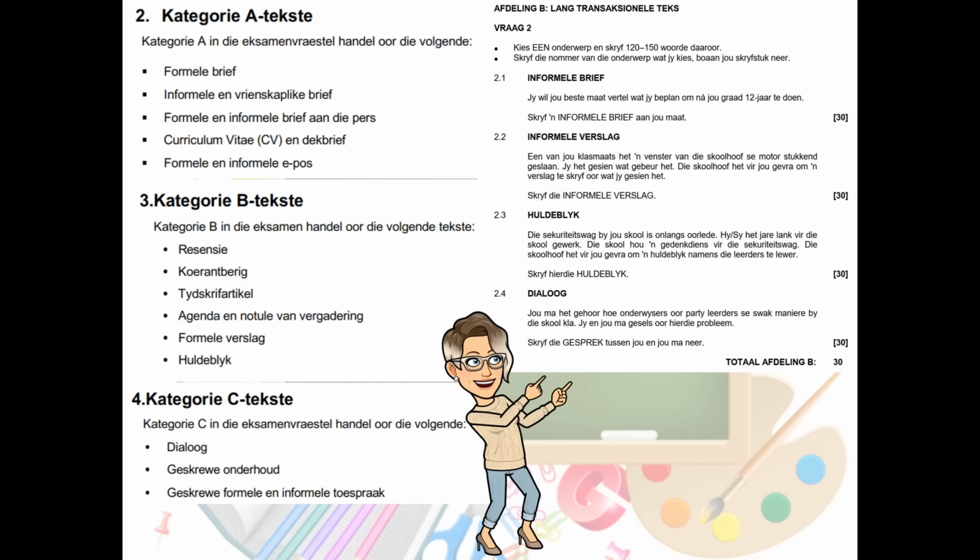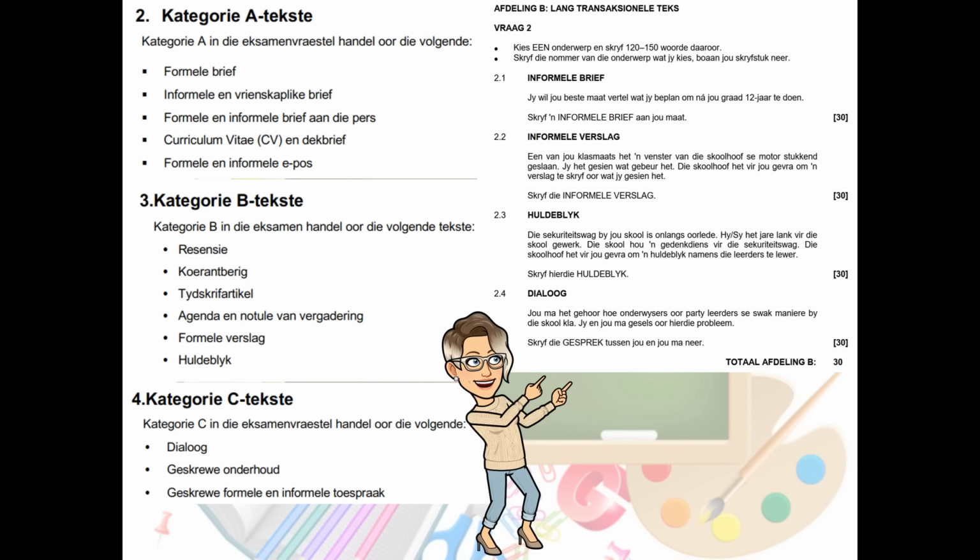If you look on the other side, you'll see that there's categories. So you've got category A texts, which gives you a list: formele brief, informele brief, brief aan die pers, curriculum vitae, en informele e-pos. Then B, you have recensie, koerantberig, tydskriftartikel, and as you can see, C, dialoog, geskrewe onderhoud.